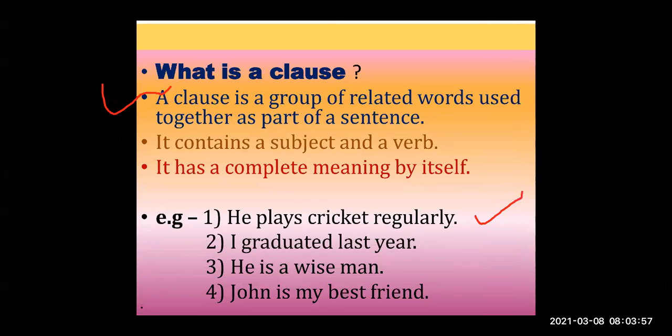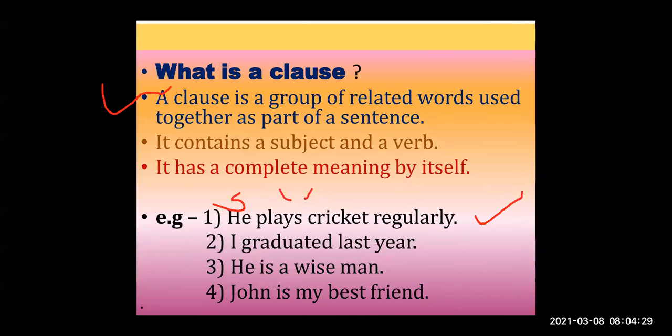Yes, there is. He is the subject and plays is the verb. So there is a subject plus verb combination and it has a complete meaning, that he plays cricket regularly. So this is an example of a clause. A clause is a group of related words used together as part of a sentence. It contains a subject and a verb and it has a complete meaning by itself.